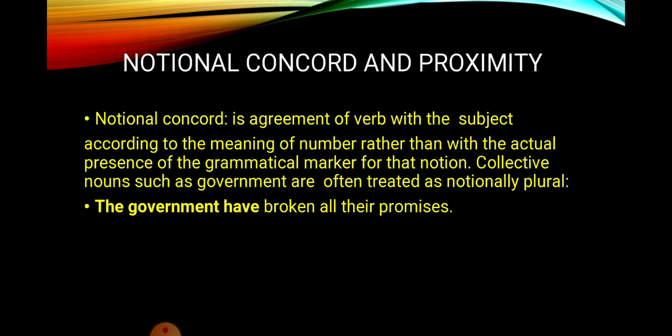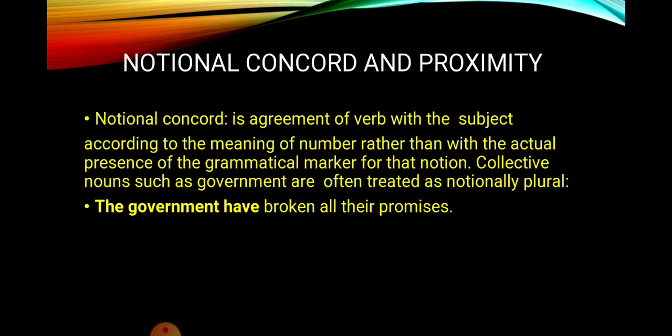And that's why, applying the idea of notional concord, we considered this noun as a plural, so that we used a plural verb here, which is the verb have. Not only the verb have, but also the pronoun their.